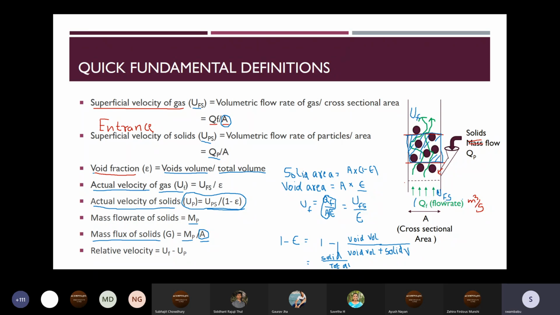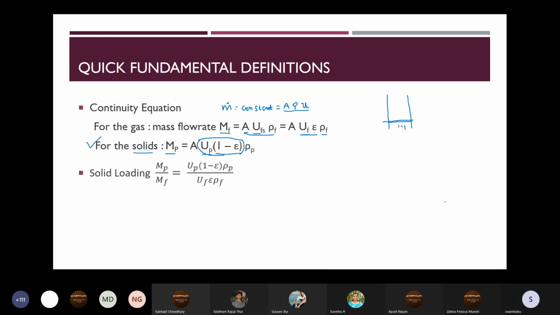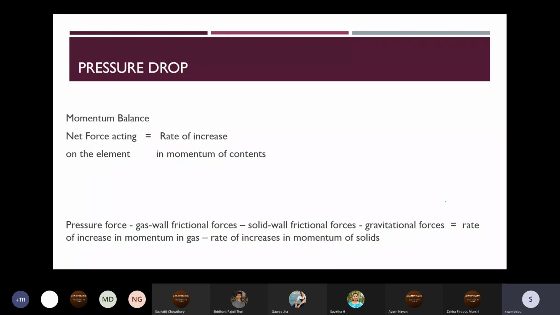What capacity of blower we need is found out from the pressure drop, because pressure drop is nothing but energy losses. How much energy is lost, that much additional energy we need to supply at the beginning. That's why pressure drop is the important criterion.